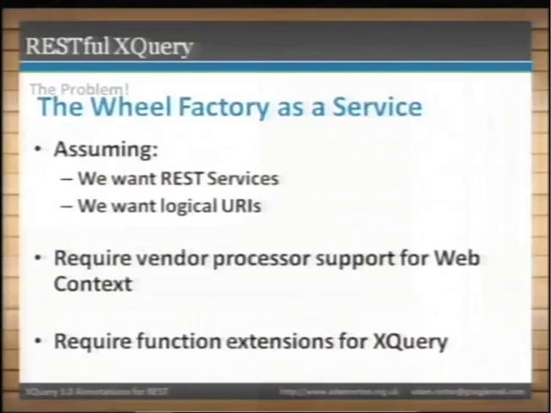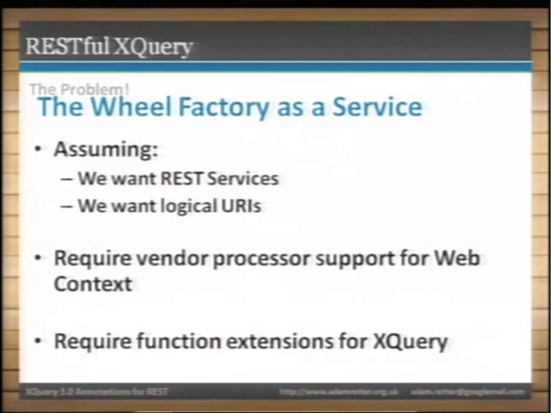Then somebody comes along and says, I really want to put your wheel factory on the web. You think, OK, we can do this, but we can't do it without vendor extensions. I need extension functions in XQuery so that I can pull out parts of the URL or find out if it was a GET or a POST request.